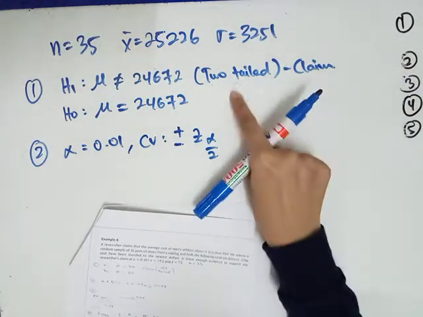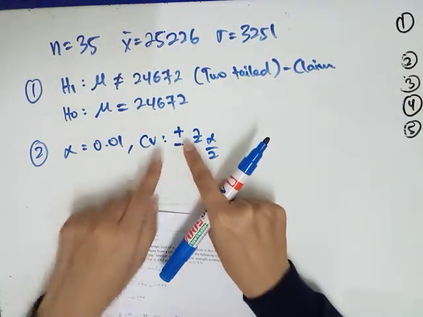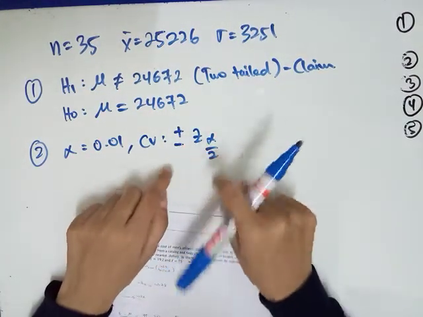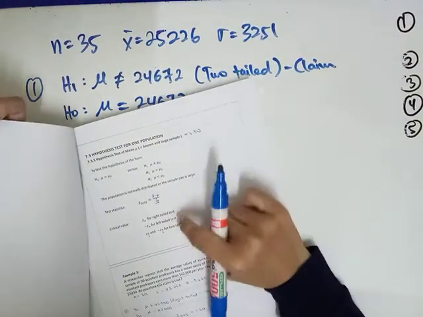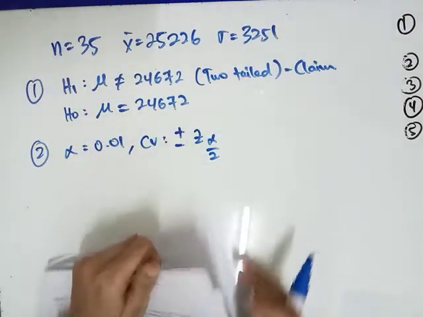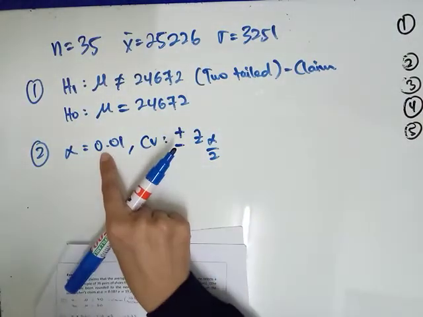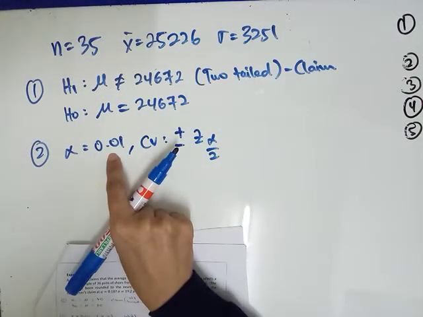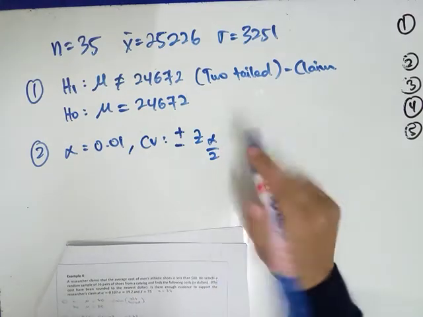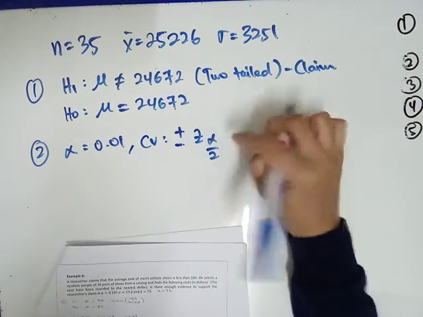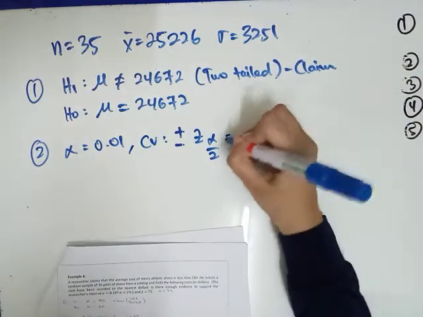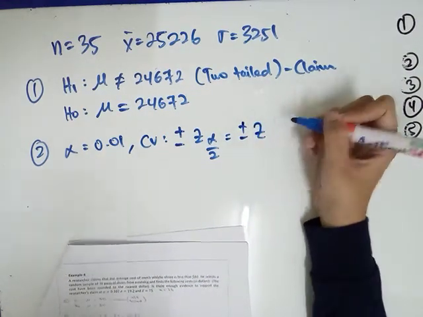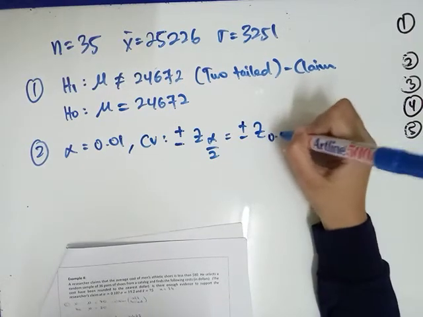For a two-tail test, you need to put positive negative Z alpha over 2. We know that alpha is 0.01, so you need to divide by 2. Look at the formulas: alpha divided by 2. Alpha 0.01 divided by 2, you will get what? 0.005.